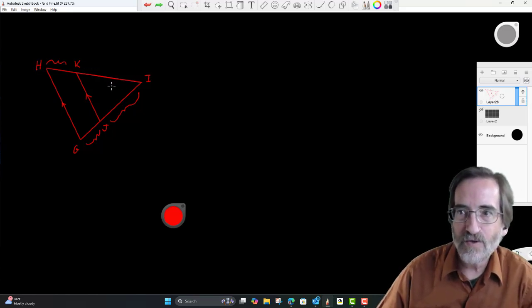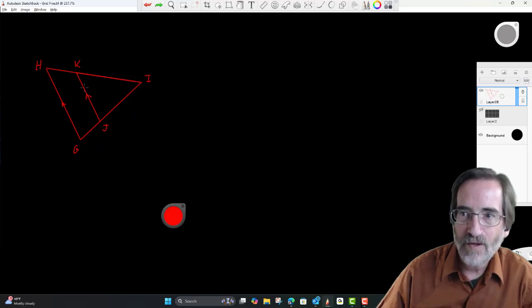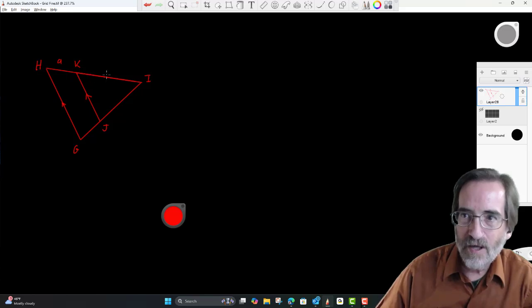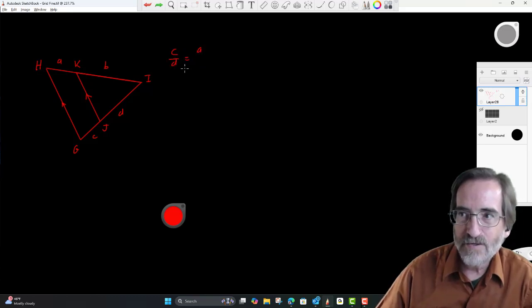This is also a theorem known as the side splitter theorem. That is, if I write A, B, C, D, that C is to D as A is to B. That it divides the side proportionately.